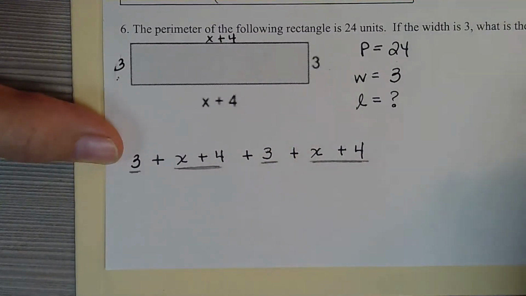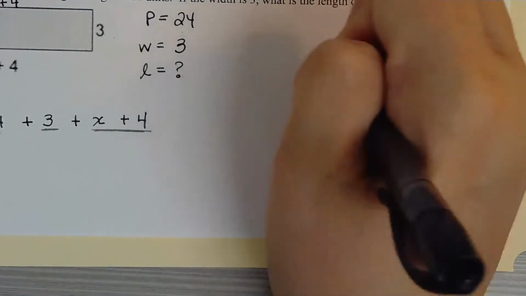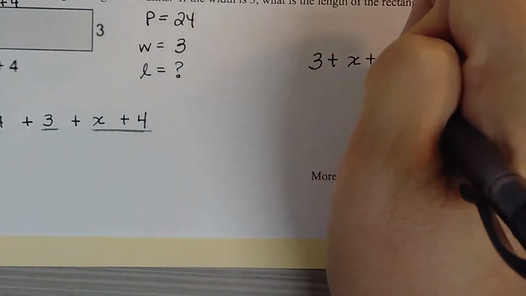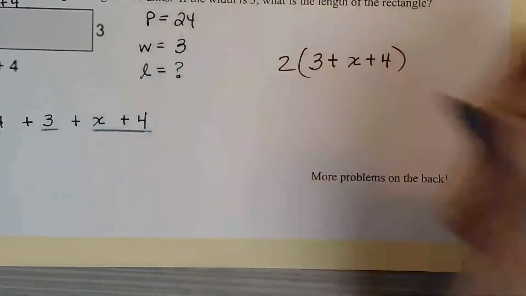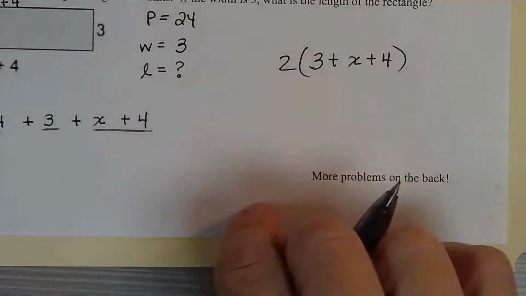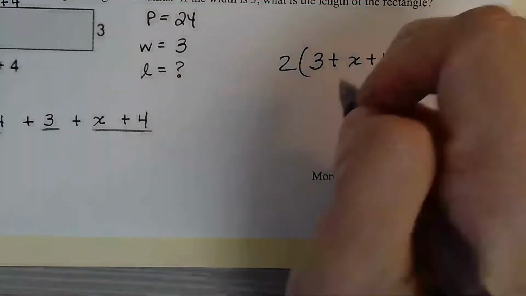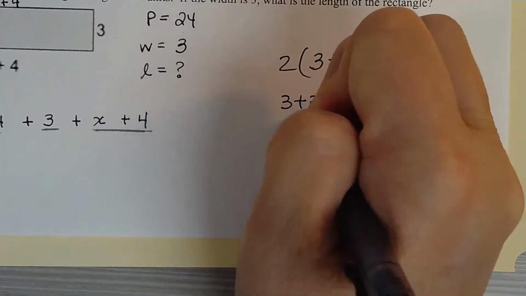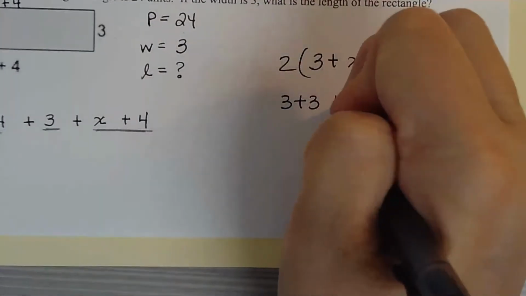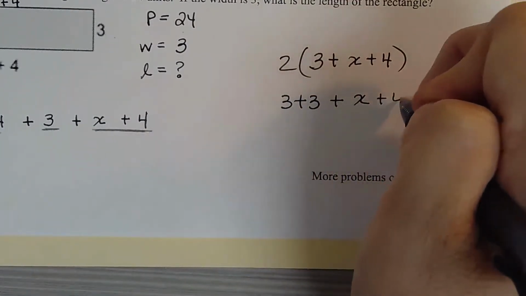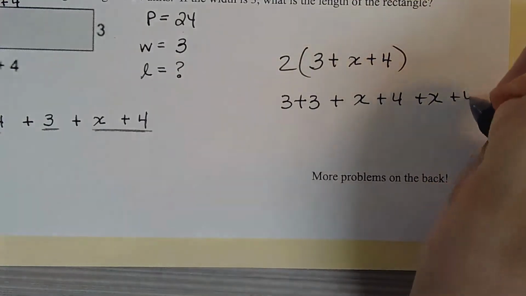Now, you could write this in a lot of different ways. You could say, well, what if I just did 3 plus x plus 4 and multiply the whole thing by 2? Because there's 2 3s and 2 x plus 4s. Or what if I grouped my 3s together and then grouped my x plus 4s together? Some people like that method as well.